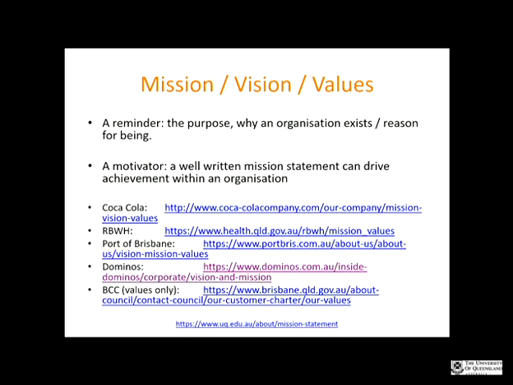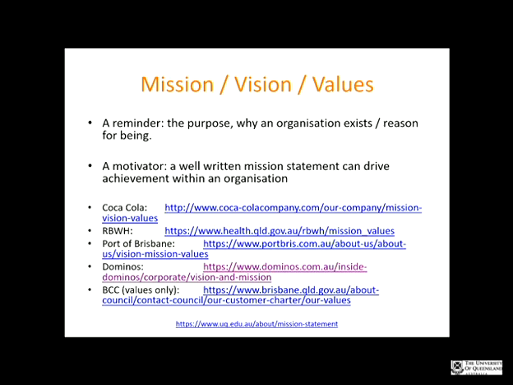And there's always a battle as well between simple survival of an organisation and achieving its purpose. And that's always held in tension. So part of what mission, vision and values do is put a bit of a framework around that, hopefully to stop an organisation drifting too far from why it actually exists.